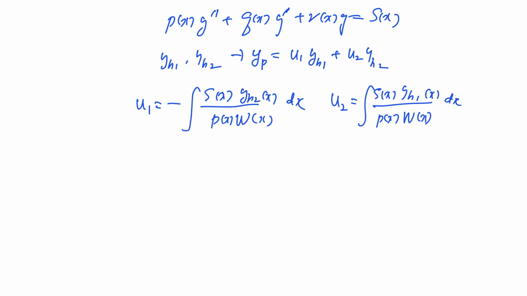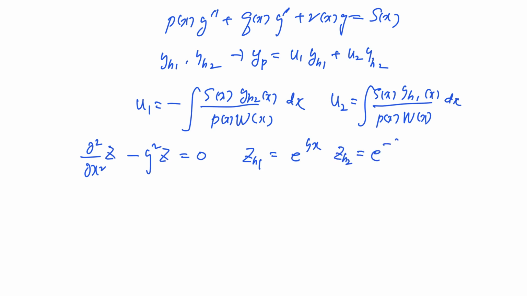So if we go back to the original problem, partial squared z over partial x squared minus y squared z is equal to 0. Then zh1 was exponential yx, zh2 is exponential minus yx, and the Wronskian is minus 2y.